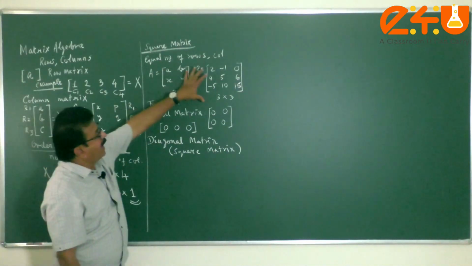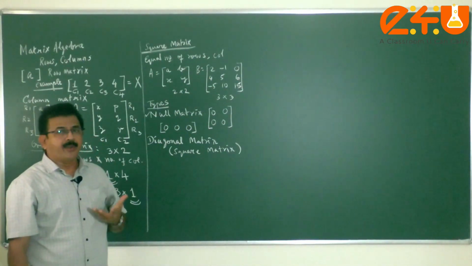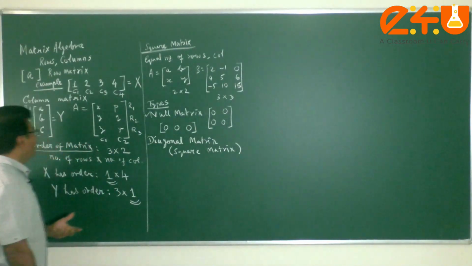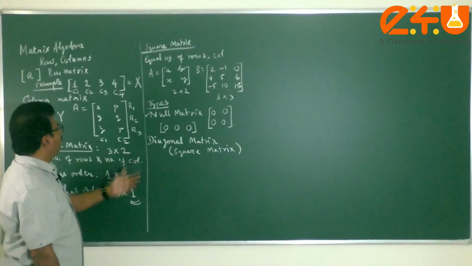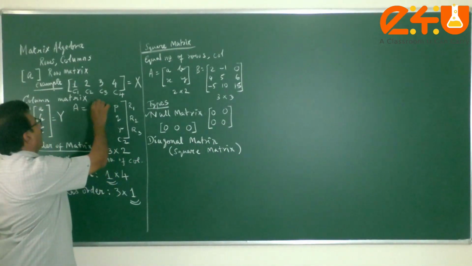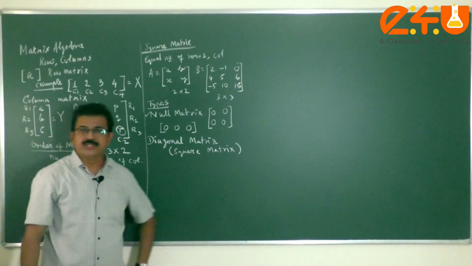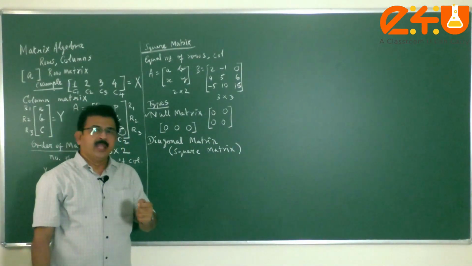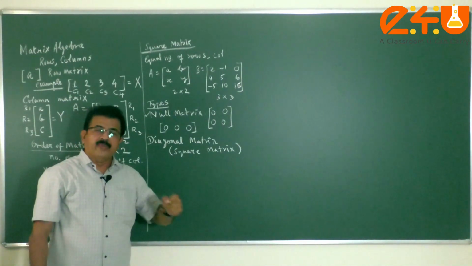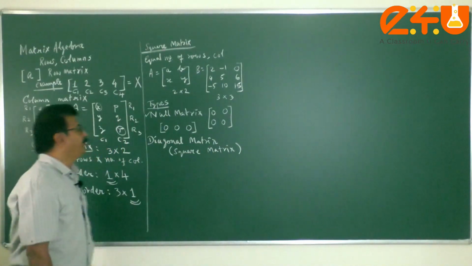Only a square matrix can possess a diagonal. For example, in the case of a rectangular 3 by 2 matrix, you cannot form a diagonal. A diagonal essentially joins the very first element and the last element, and on the way you have so many other elements covered also.